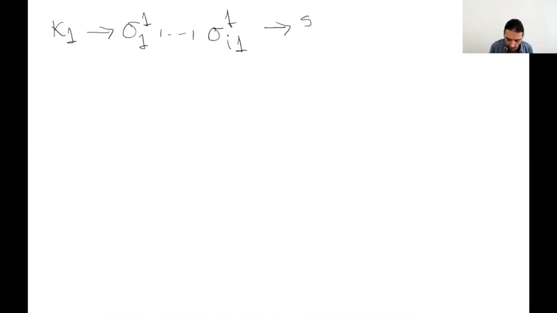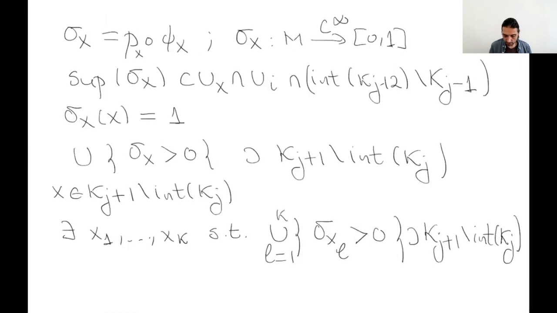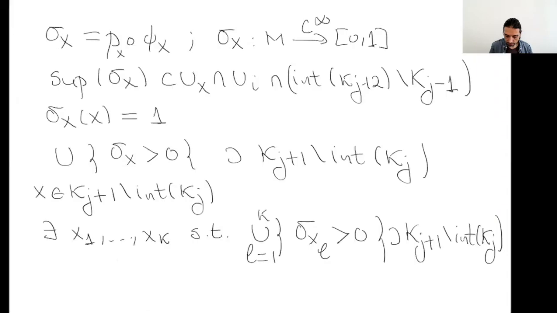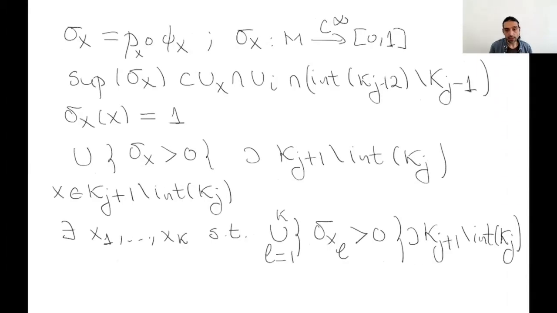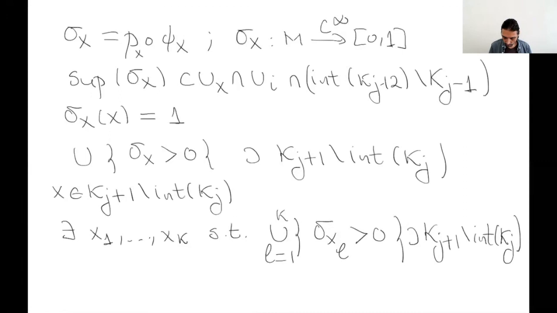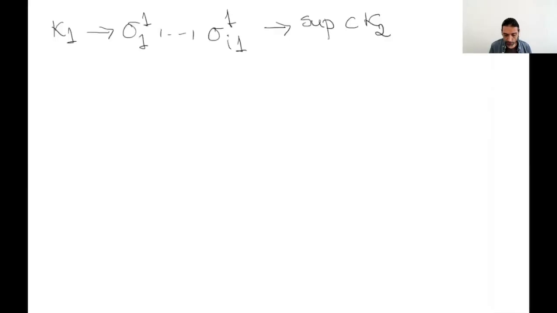For all of these functions, the support is contained in an element of the open cover, and it's always contained in K2, for instance, right? And moreover, the sum of these functions is positive in K1.